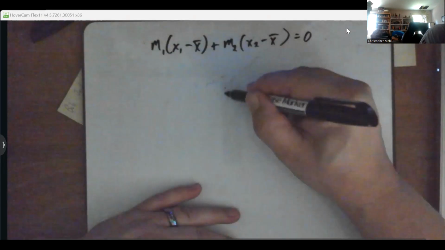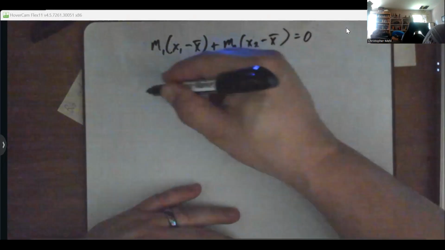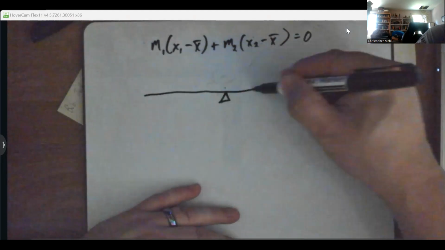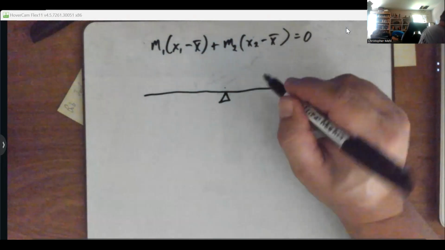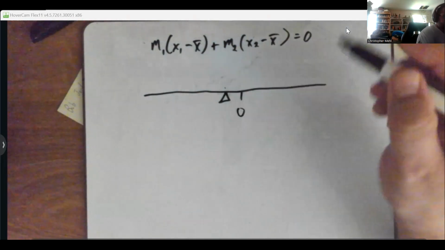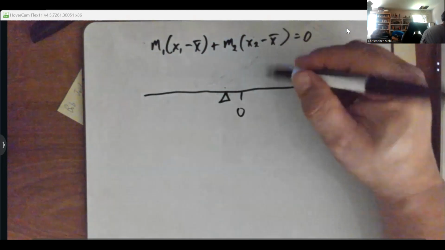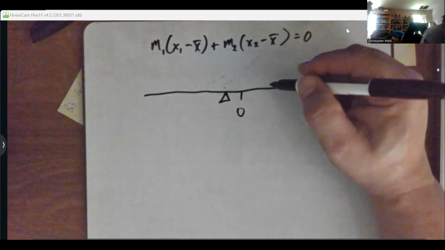Suppose now I have a seesaw and there's x equals zero somewhere in there, and I got some masses.